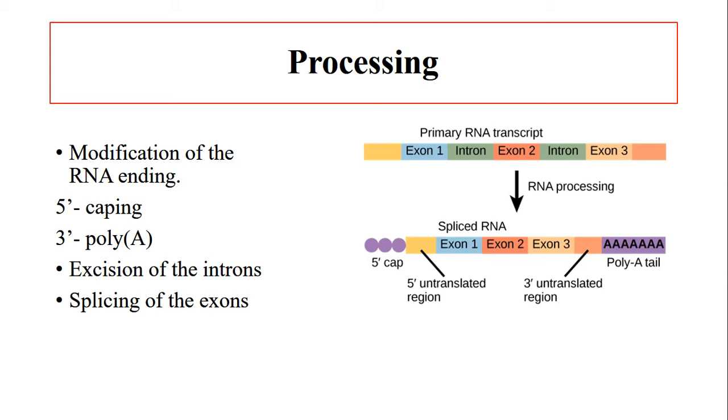Therefore, in order to produce a mature mRNA molecule encoding a protein, splicing must occur. During splicing, the intervening introns are removed from the pre-mRNA molecule by a multiprotein complex known as a spliceosome, composed of over 150 proteins and RNA. This mature mRNA molecule is then exported into the cytoplasm through nuclear pores in the envelope of the nucleus.